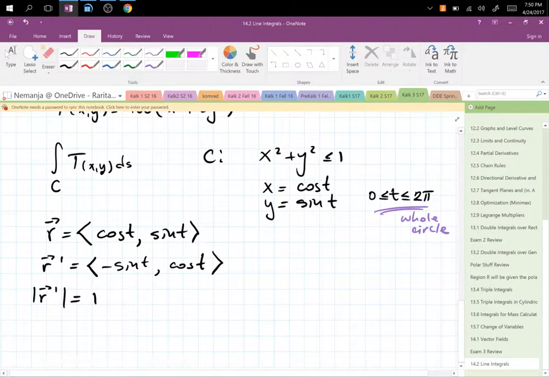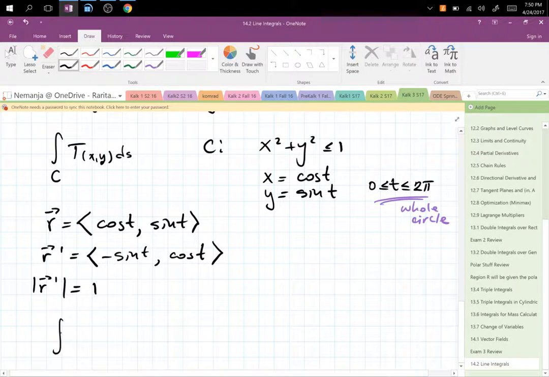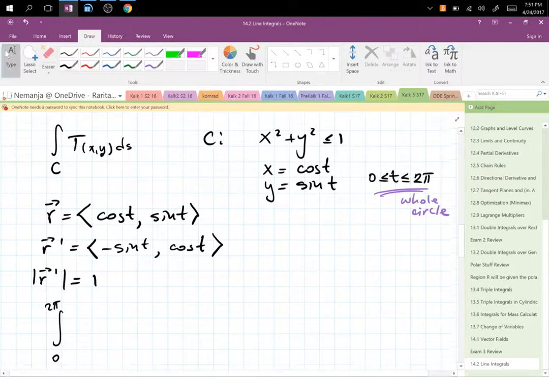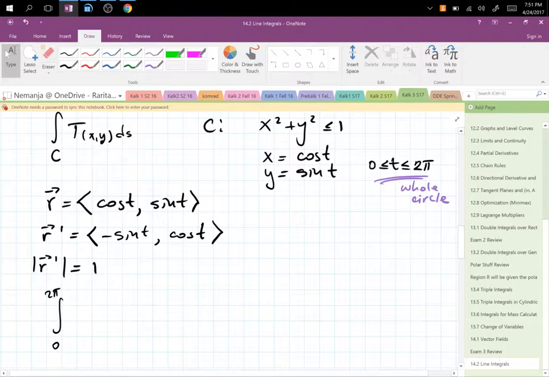So what do I have? I have integral from 0 to 2 pi. Those are my a and b from parametrization. Now the function used to be 100 times x squared.